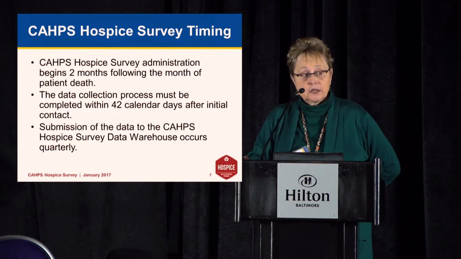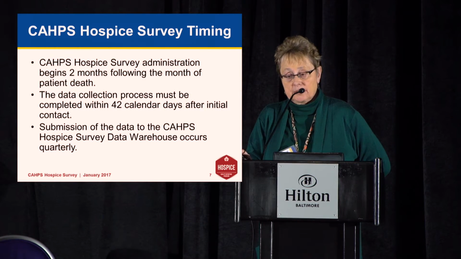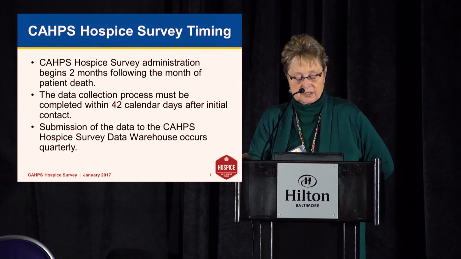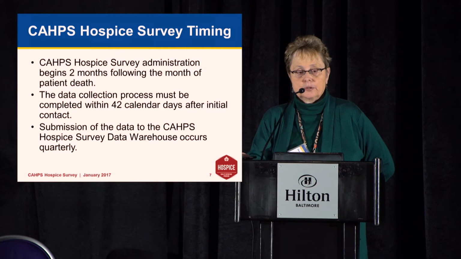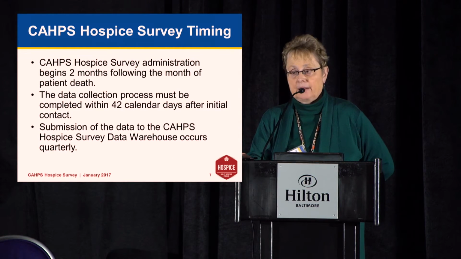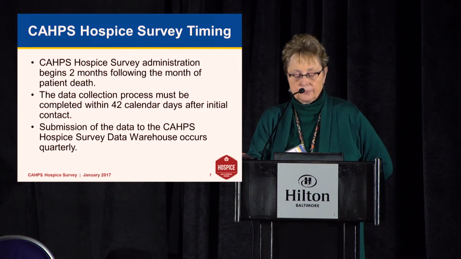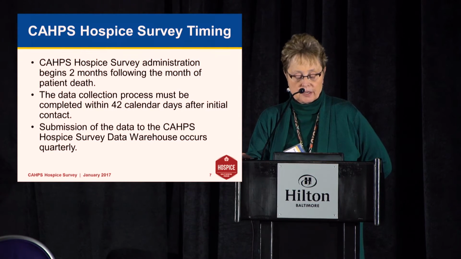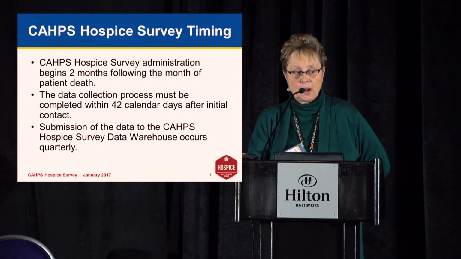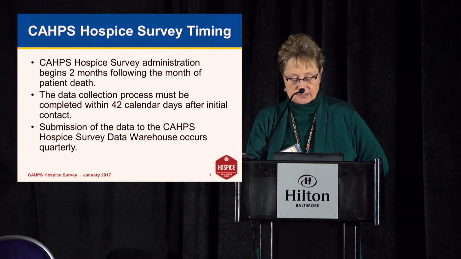However, it is a good idea to be aware of these data submission dates, and the reasons why will become more obvious later. But in general, your data submission deadlines are the second Wednesday of the following months: February, May, August, and November. That is the second Wednesday, February, May, August, and November.